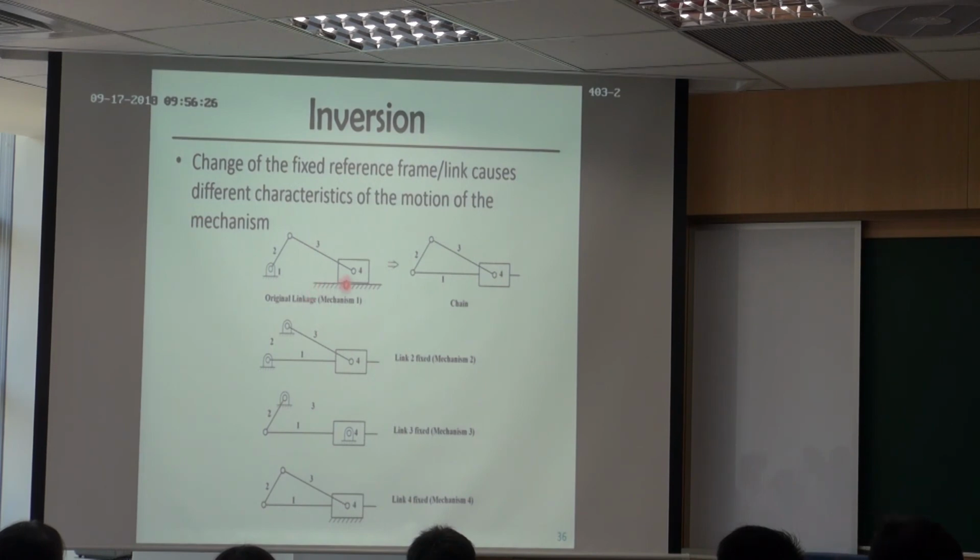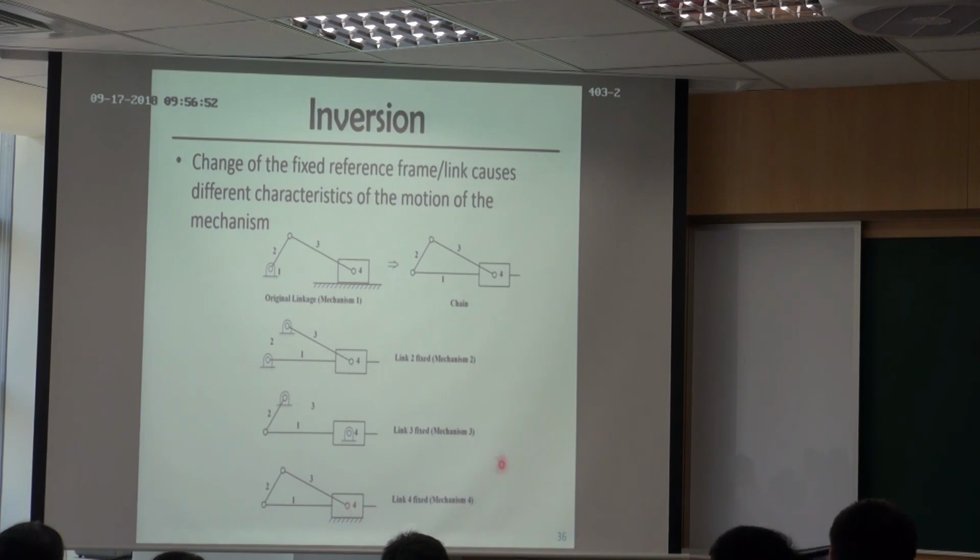But if you fix different links, they will behave in a different way. So for example, in the top one we fix this bottom link. And the second one we fix the second link. The third one we fix the third link. The fourth one we fix the slider.